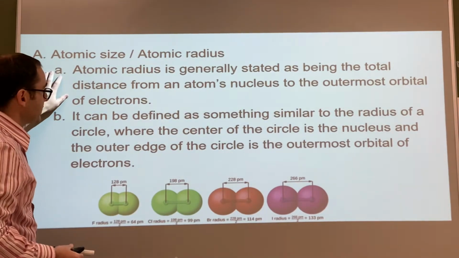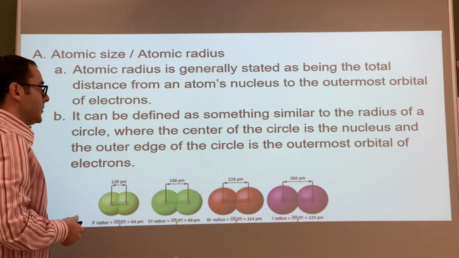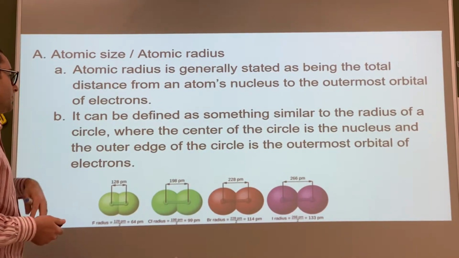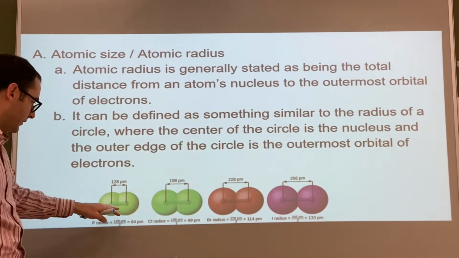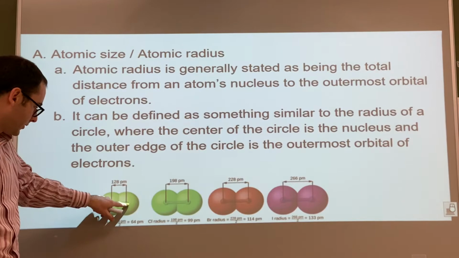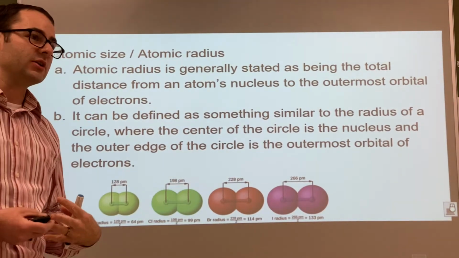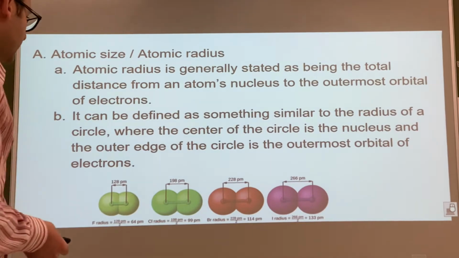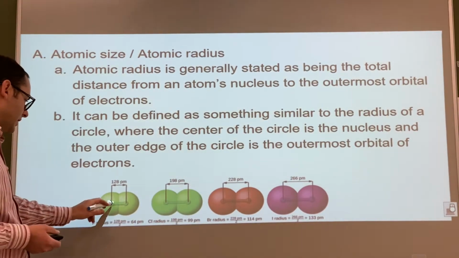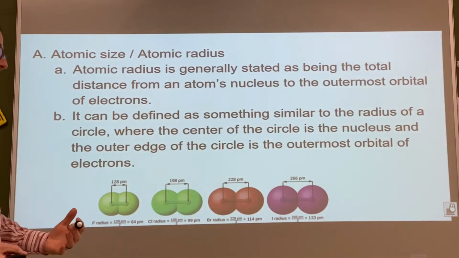So atomic radius is generally stated as being the total distance from an atom's nucleus to the outermost orbital of electrons. And it's similar to if you had the same atom bonded to itself, the distance between the two nuclei; that's also a way they determine the radius. But I just like to think of it as you have the center of your circle here, and then to the outside, there's your radius, okay?